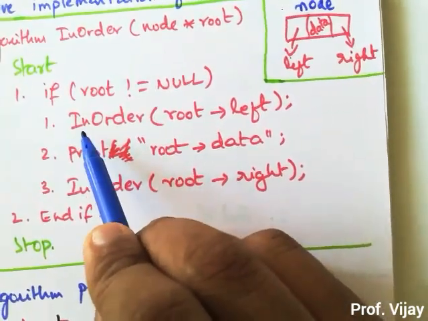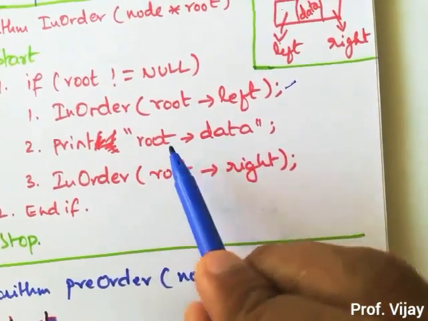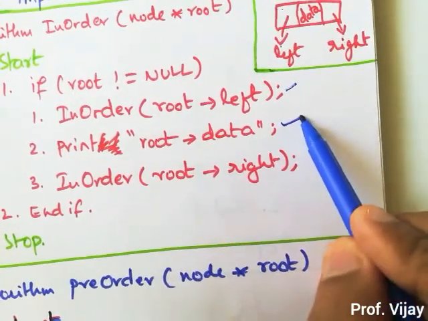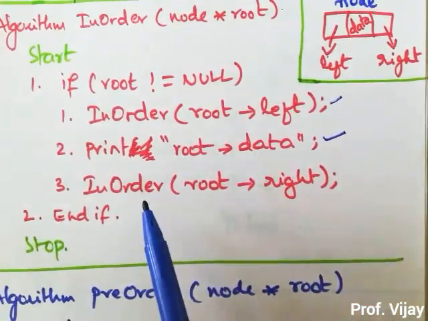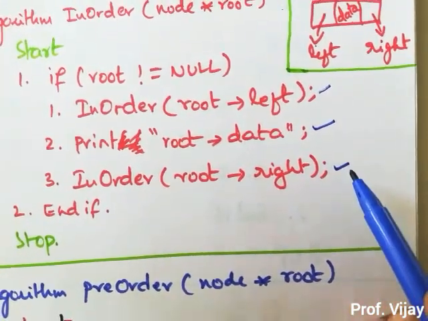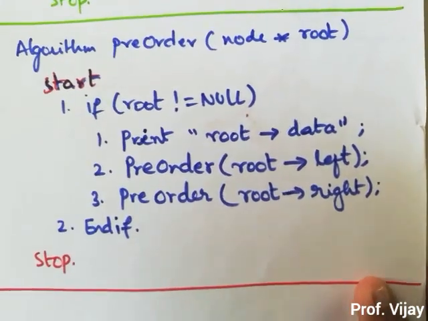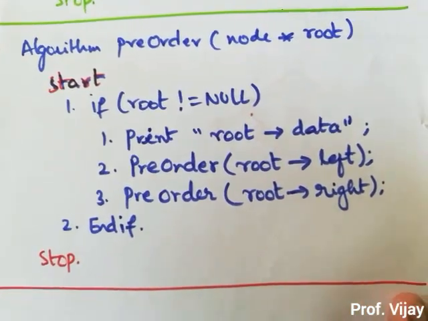So first we recursively call the left subtree, then we print the root data, then we recursively traverse the right subtree.